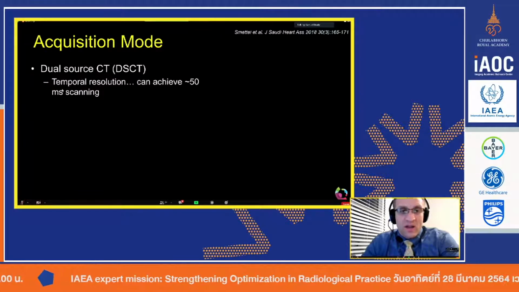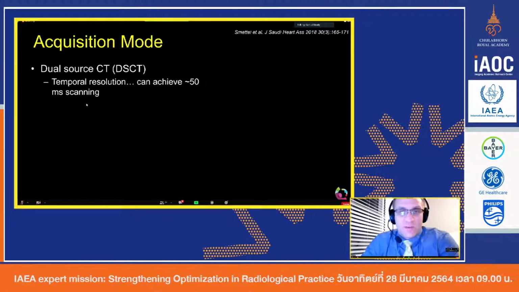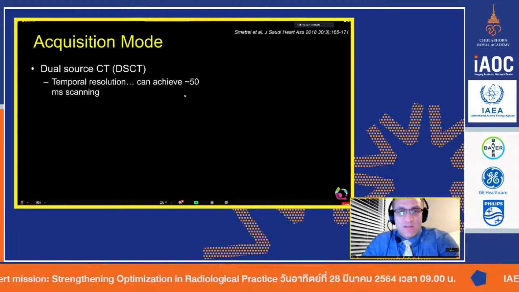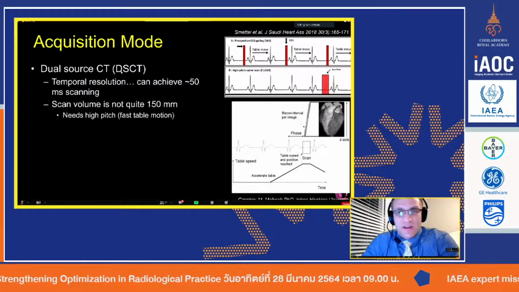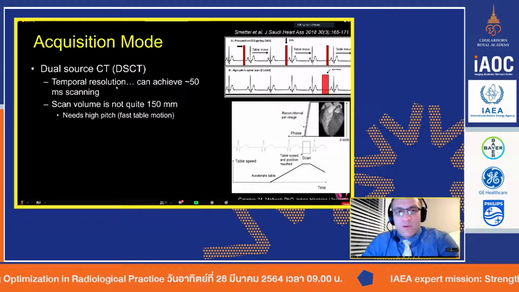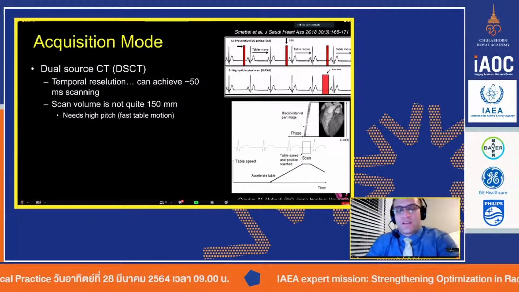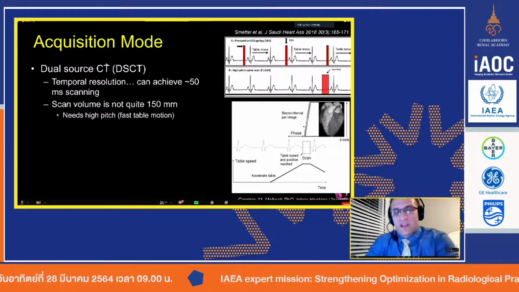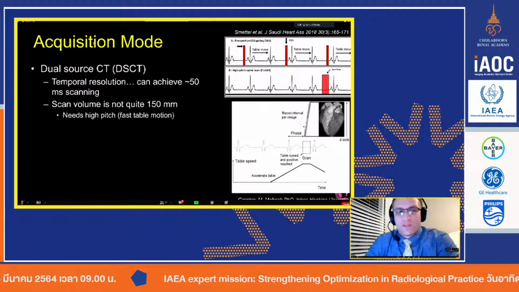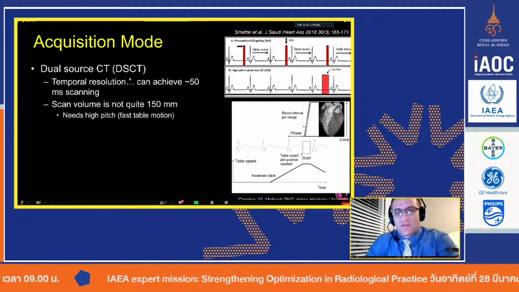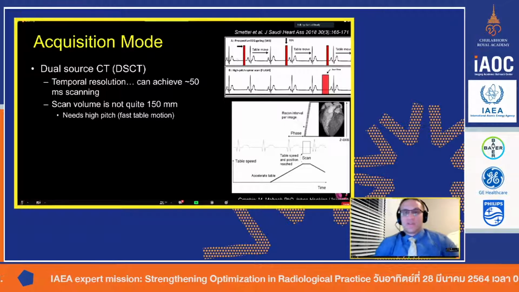Okay, so we obviously just discussed how we can get really fast temporal imaging with these dual source CT scanners. Now, the newest one does have a pretty wide detector, but most of them are still narrow detectors. Therefore, all of the dual source CT scanners are still usually acquired in helical acquisition.